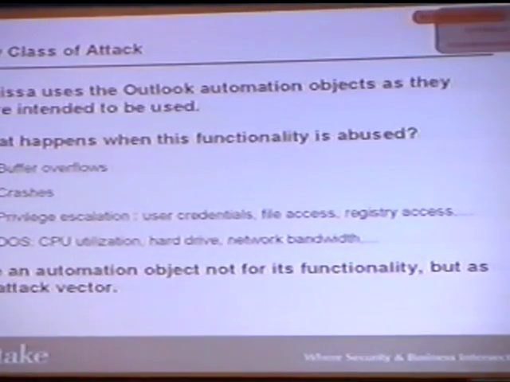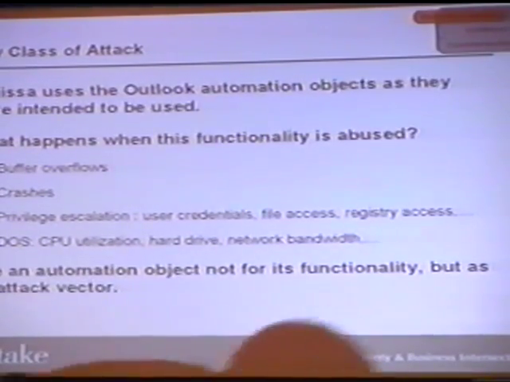What I'm introducing is the idea that maybe you can use that functionality, and the bugs in that functionality, to actually take over the supporting application. Buffer overflows, denial of service, privilege escalation if that object runs in a separate user space.